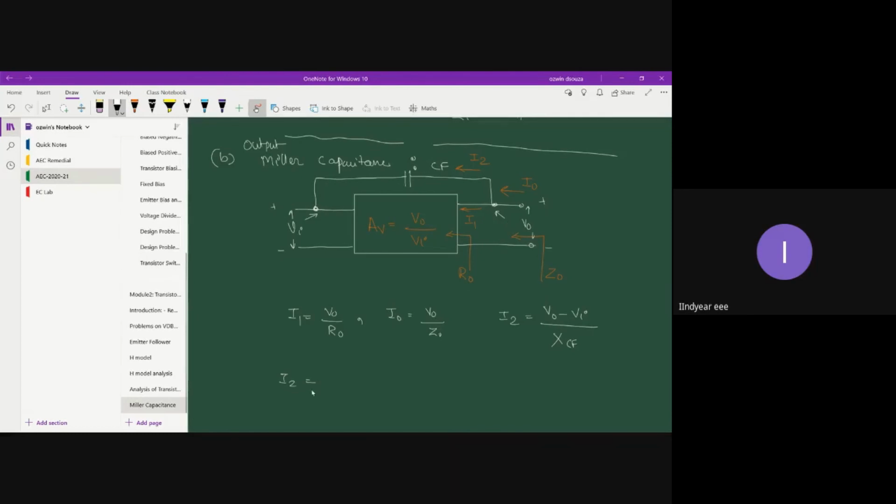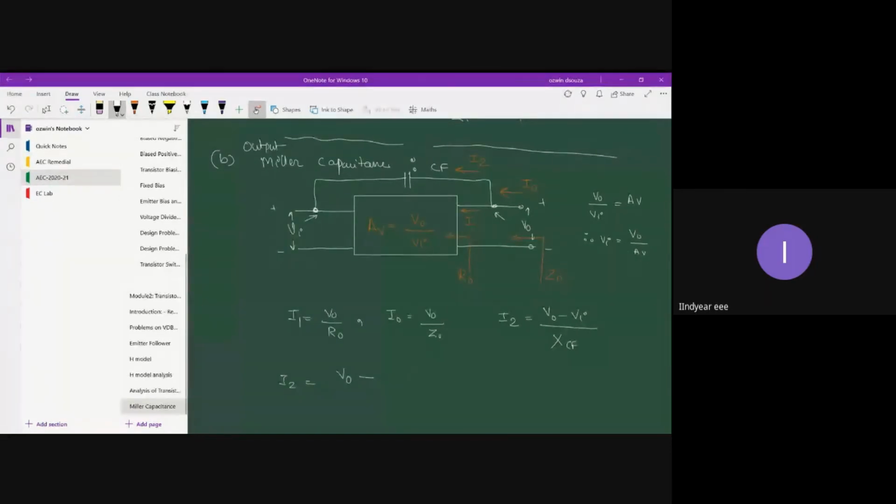So you see here, I2 is equal to, let me retain V0 as it is, minus Vi. I know that V0 divided by Vi is equal to AV. So input voltage Vi is nothing but output voltage divided by the voltage gain.